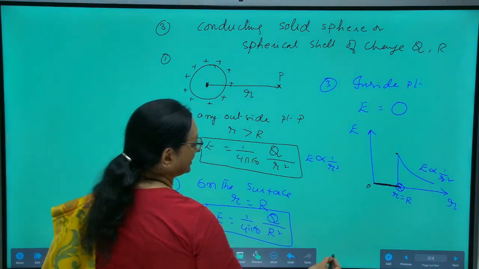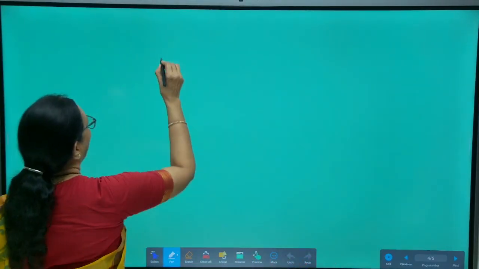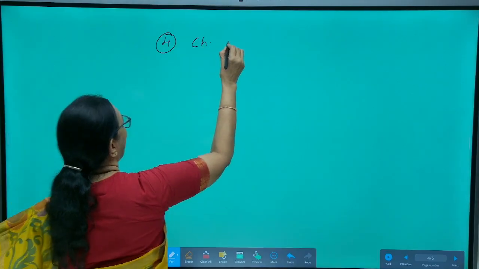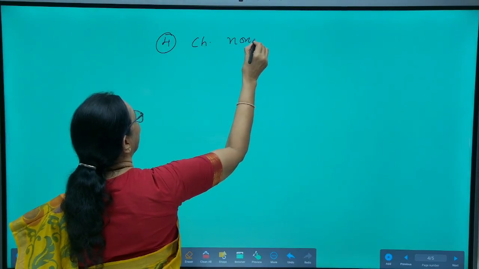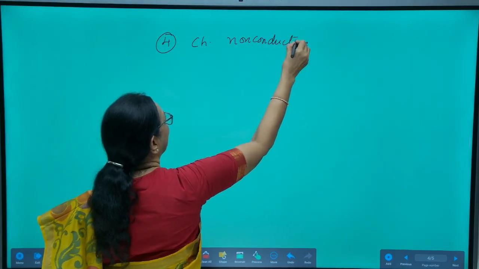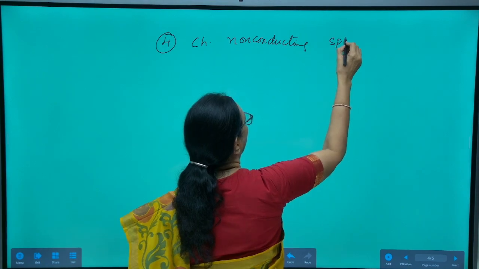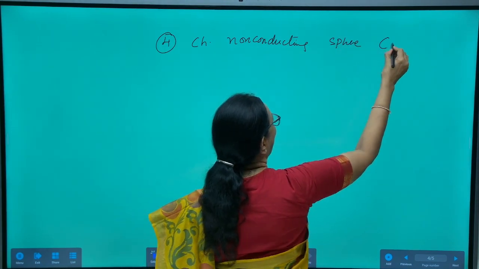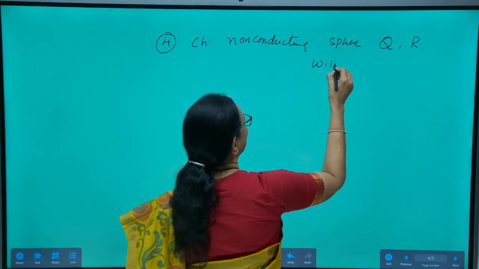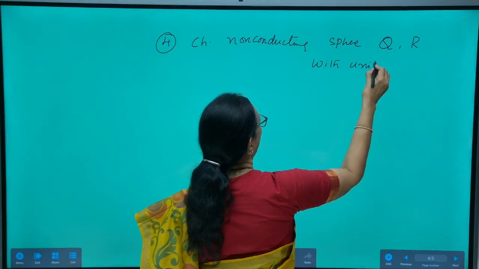So, next we are going to see a charged non-conducting sphere. A non-conducting sphere of charge Q, radius R with uniform charge density. This is important.